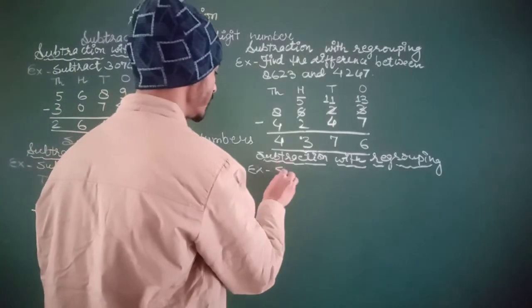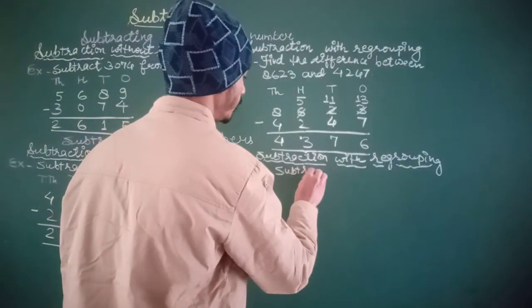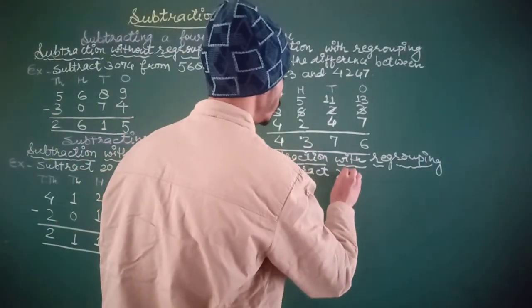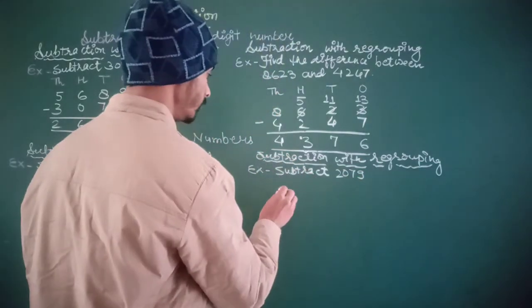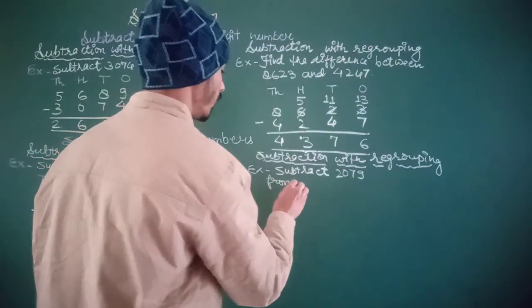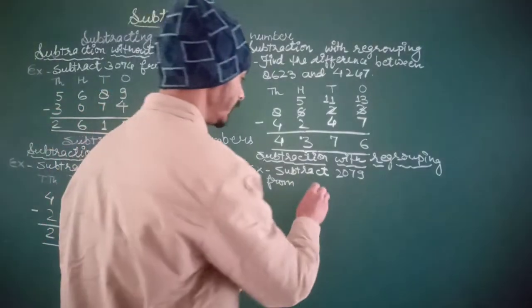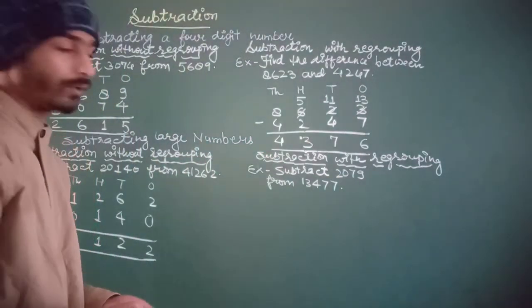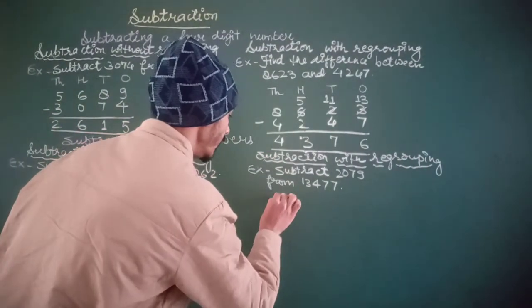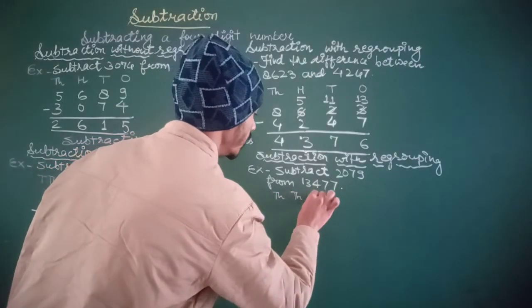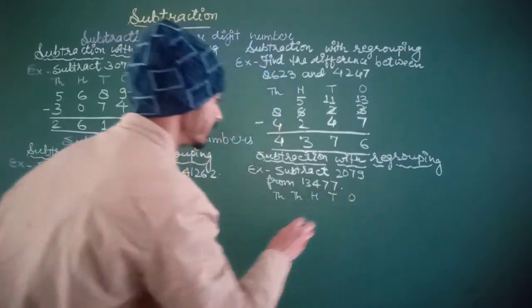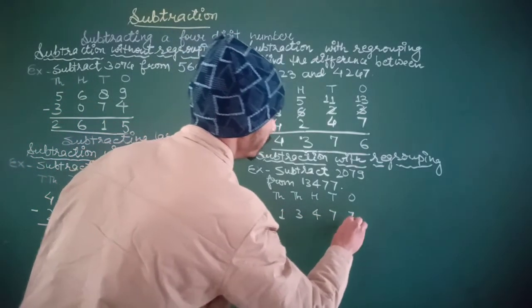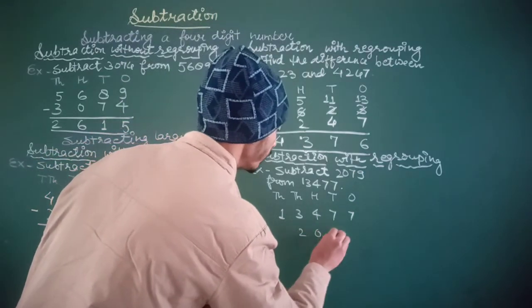Subtract 2079 from 13,477. So 10,000s, 1,000s, 100s, tens and ones. Firstly, 13,477 minus 2079.